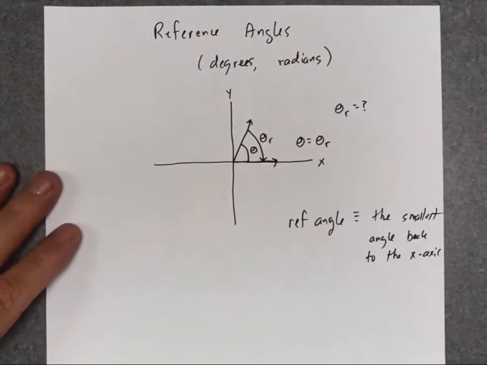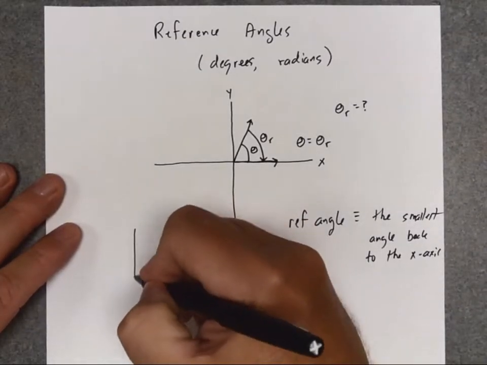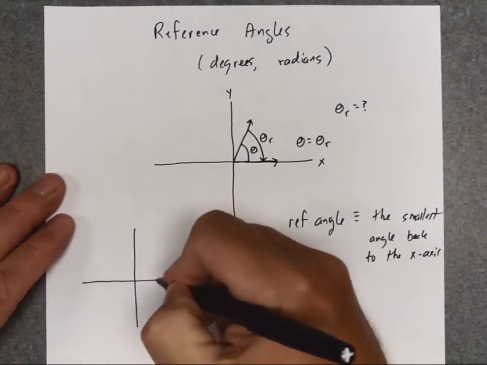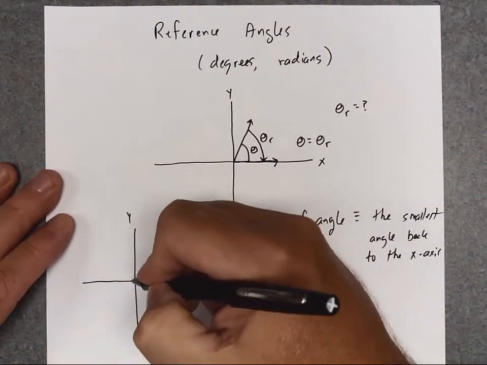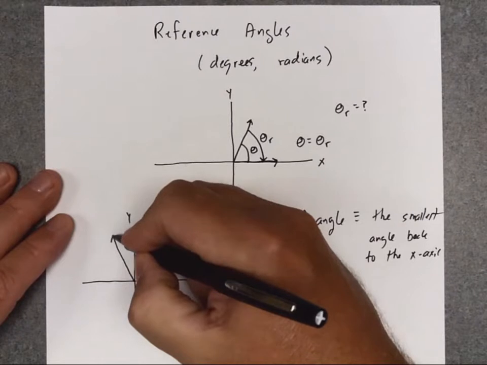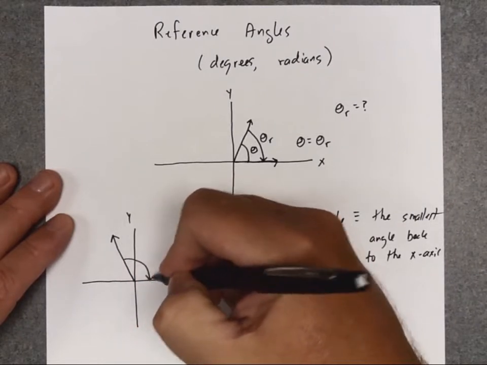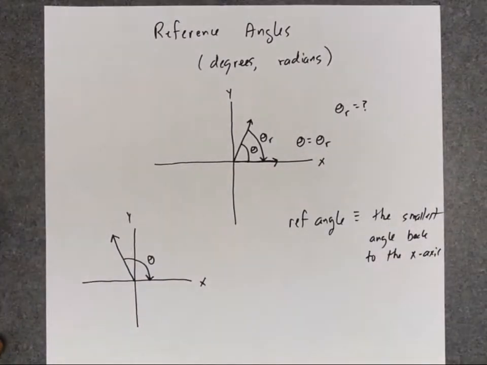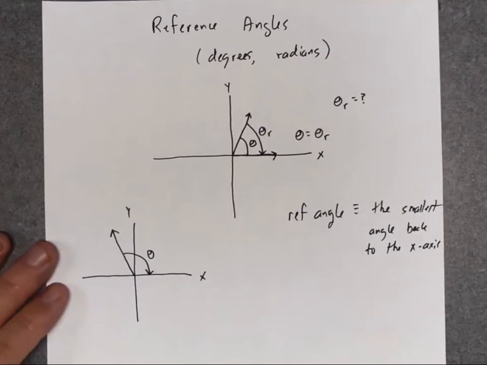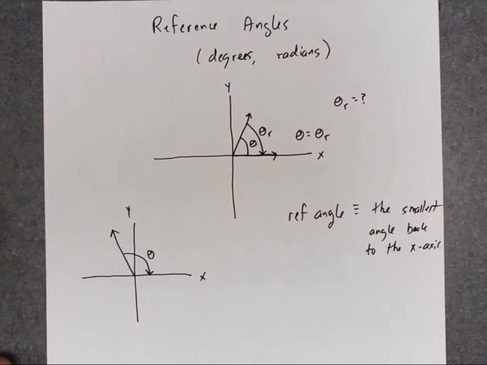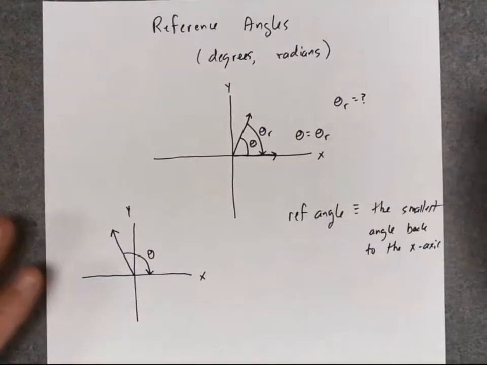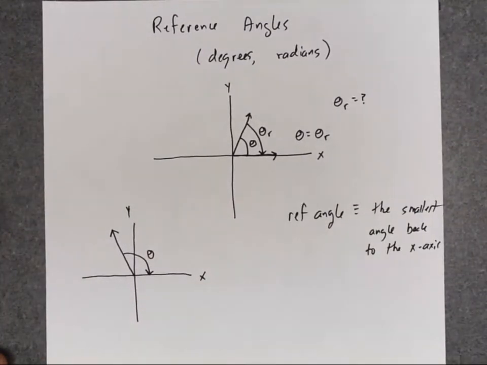Let's do another one, and then you'll see more clearly. Let's go over here in the second quadrant. So there's my original angle, and we're asked to find the reference angle. Well, you go to the terminal side of your angle, and from there you say, what's the shortest distance, the quickest way to the x-axis?